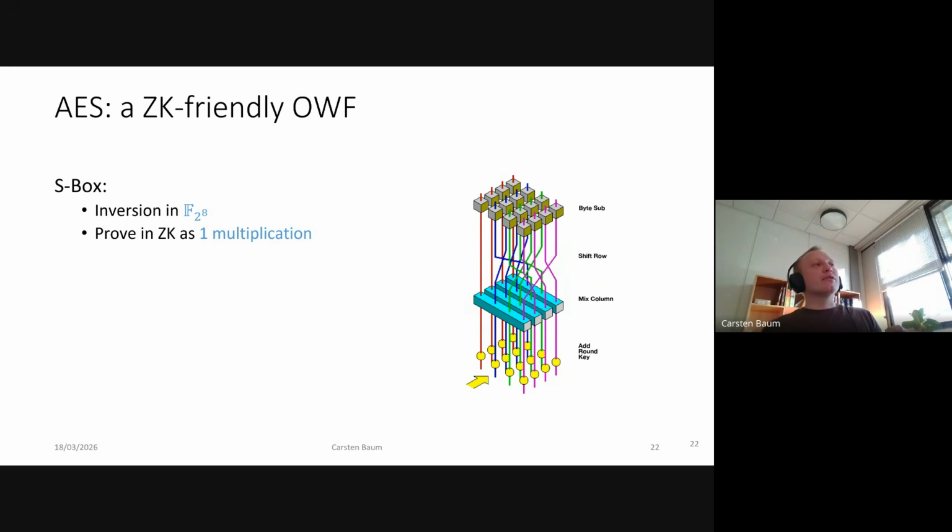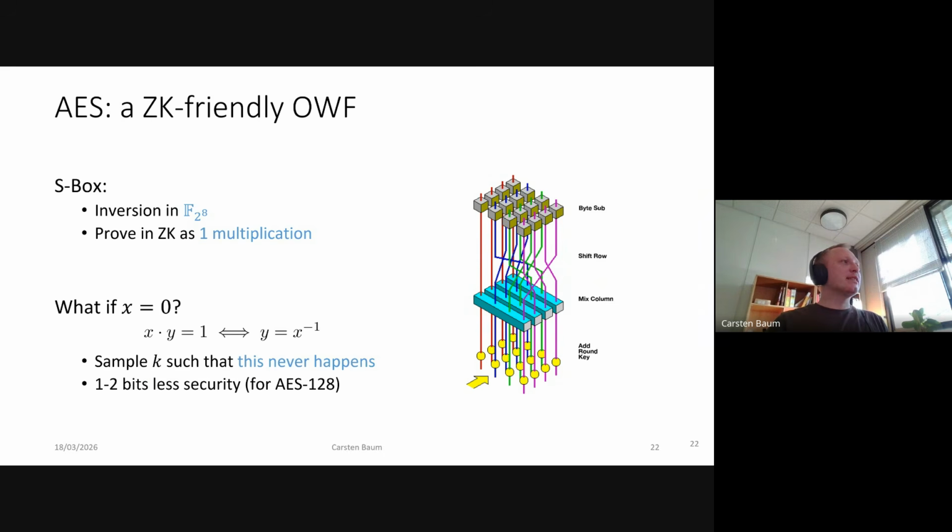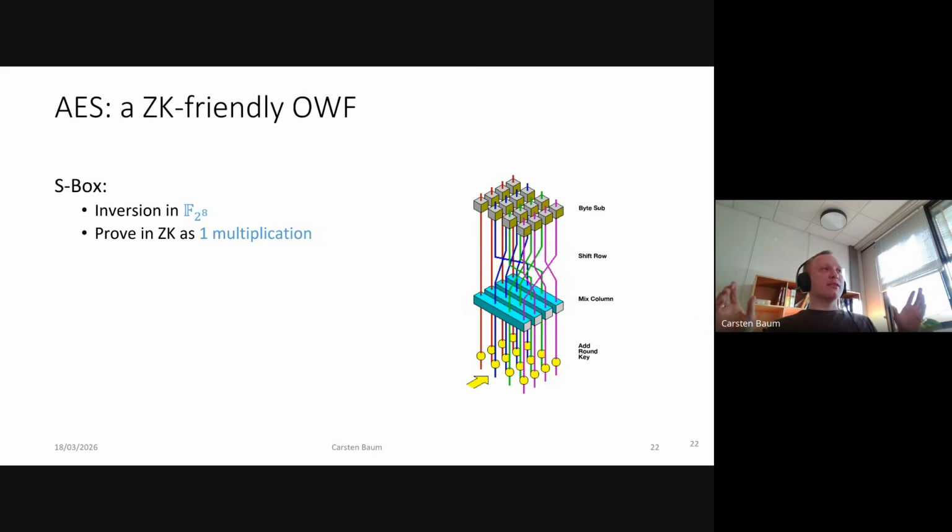And now if you're like me, then you realize, well, in ZK, I know what the input and the output is. So to check that the S-box has been correctly evaluated, I just need to do a multiplication in F2 to the 8, multiply the input and the output, and check that it's 1.